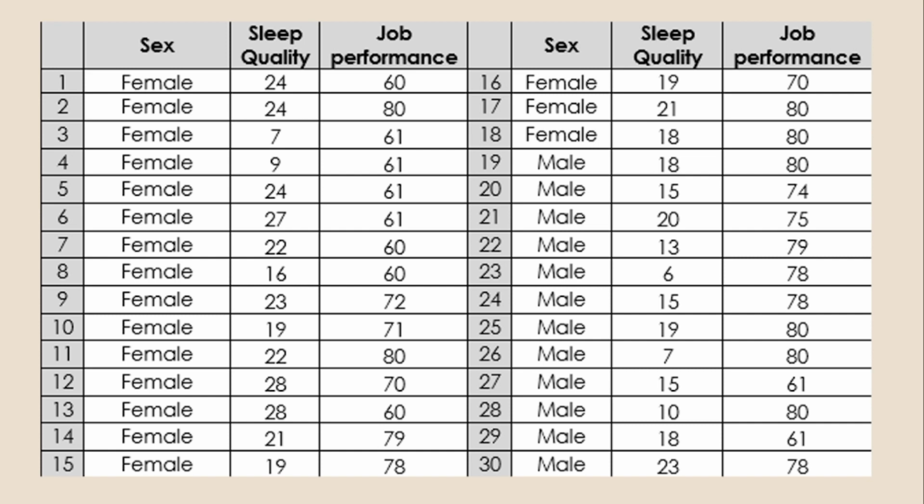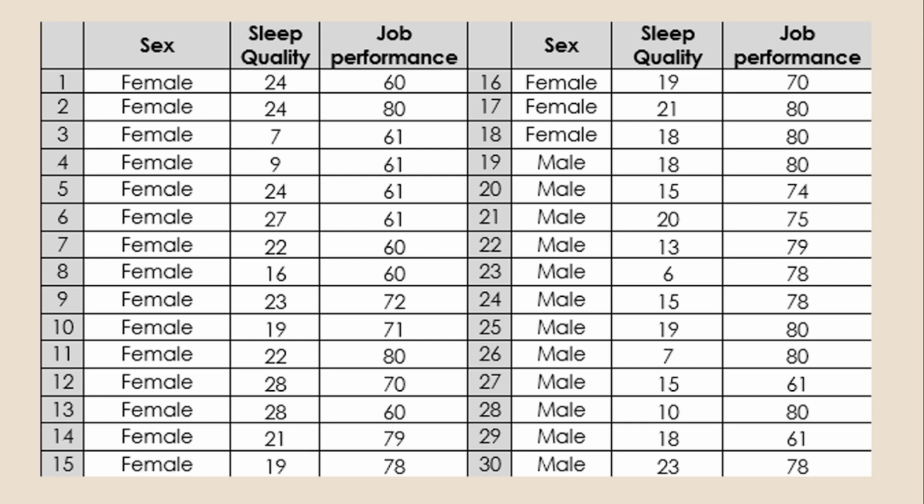So because of her sleep quality, or because she has insomnia, it affects her job performance. That's why she only meets the expectations. Unlike if we look at our first male respondent, he has a sleep quality of 18, and it means that he only has moderate severity insomnia.